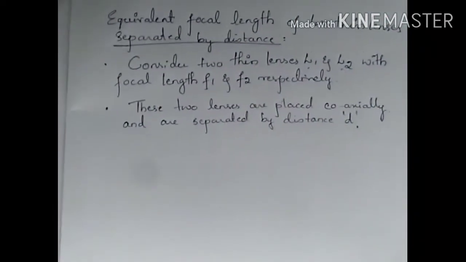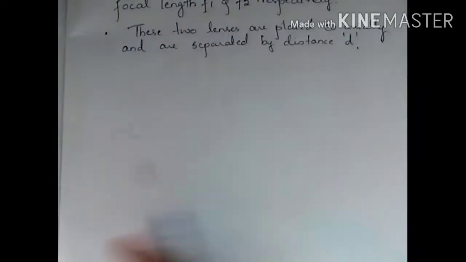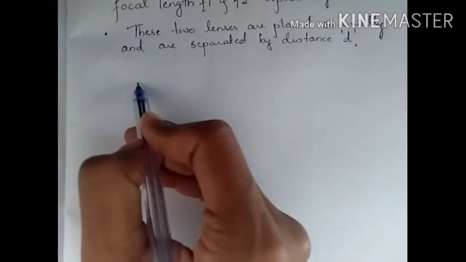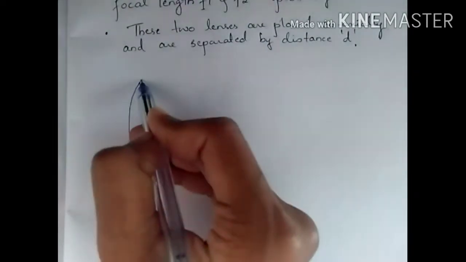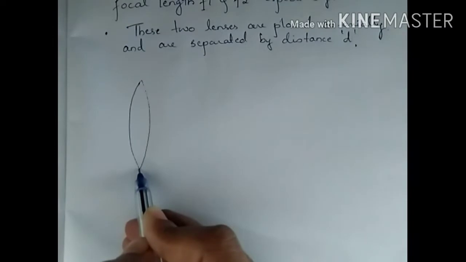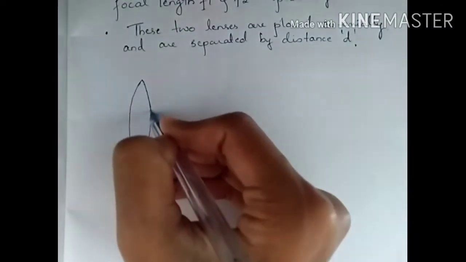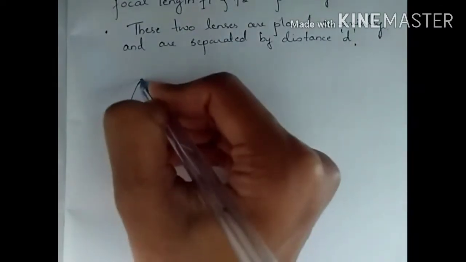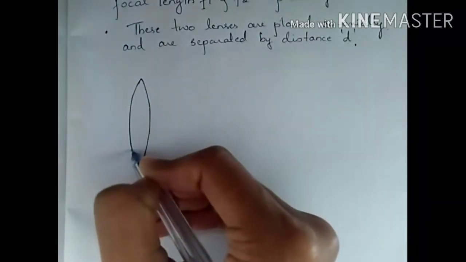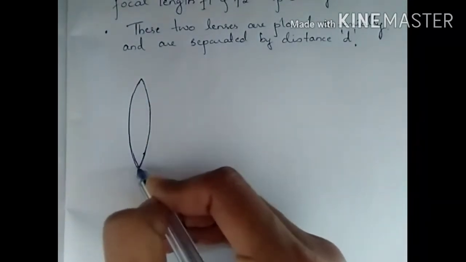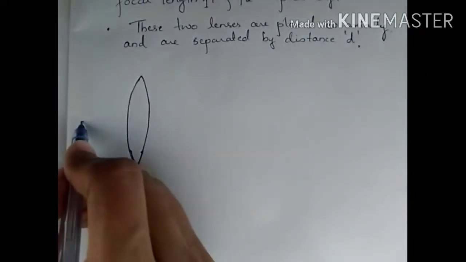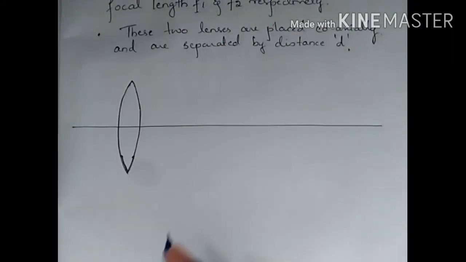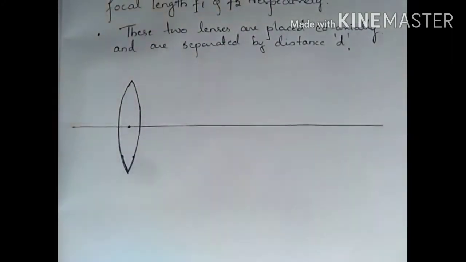Now let us draw the ray diagram. You need to have the two thin lenses. First let me keep only one lens, that is L1. There is a principal axis that passes through the center of the lens L1.